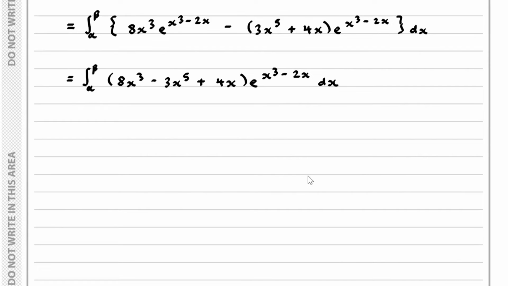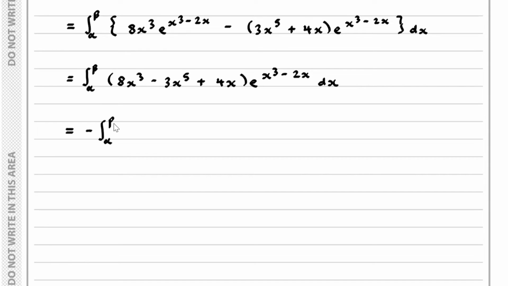And so, if we factorize out an x from this bracket, we've got the integral between alpha and beta of x multiplied by, well, what we'll do is we'll factorize out a minus 1 from the integral.